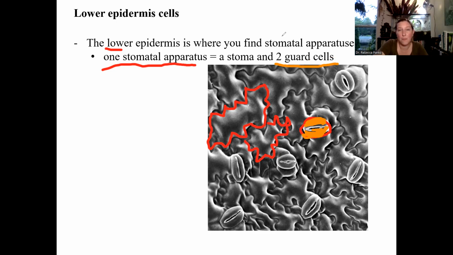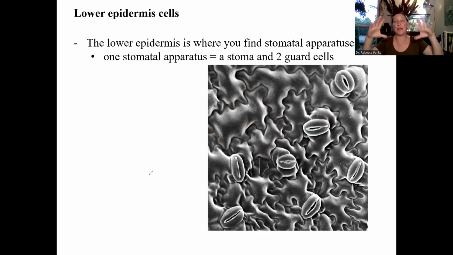And then every stomatal apparatus or stomata has an opening, which I'll do in bright blue, in the middle. And that opening is called a stoma. And so the guard cells are basically going to be able to open and close that hole. And if they open the hole, that allows water vapor to go out during transpiration. And when they close that hole, that makes water vapor stay inside the leaf.